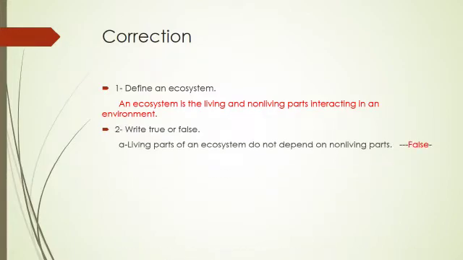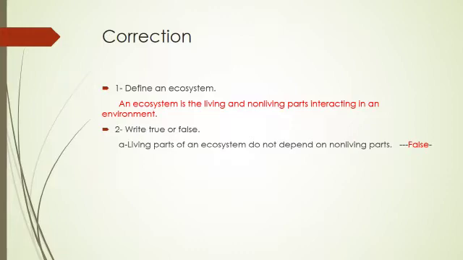Why? Because living parts of an ecosystem depend on non-living parts, like plants need sunlight, soil, air, water. So, plants are living things. Sunlight, soil, air, water are non-living things, so they depend on one another.